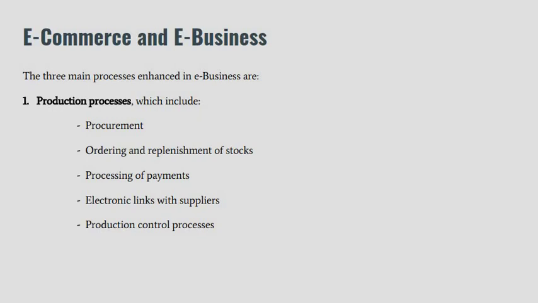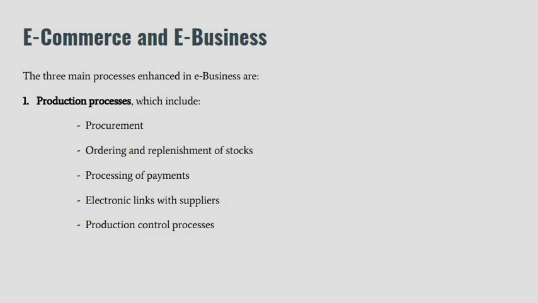The first one, production processes, involves procurement, then ordering and replenishment of stocks, then processing of payments, then electronic links with suppliers, and production control processes. You can see that all these factors involve production, right?